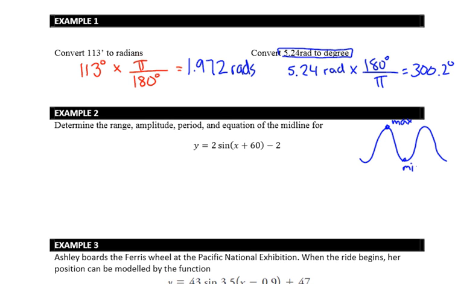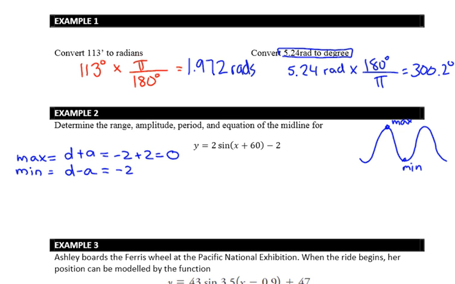Okay, so how do I get the maximum from my equation? D plus A. So start at our midline, add the amplitude. So our midline would be -2 plus 2 would give me 0. Min would be D minus A. Start at our midline, take away my amplitude.